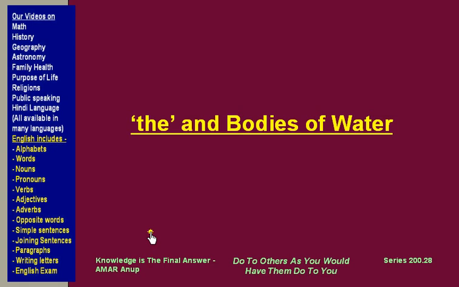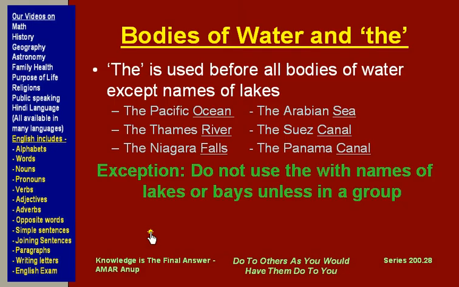Now let's look at the use of "the" with the names of bodies of water. "The" is used before all bodies of water except the names of lakes and bays, and we will have a look at that in a moment.